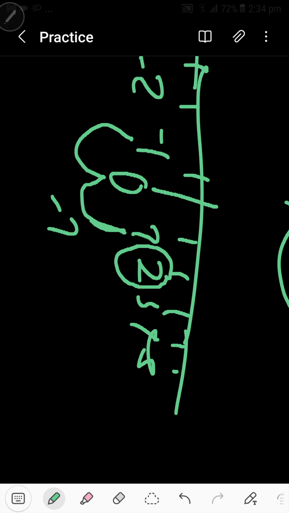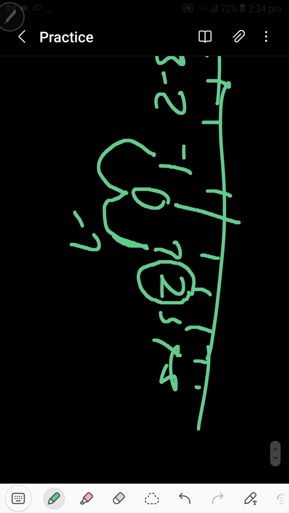At first we are at 2, then as it is 2 minus 3, we go 3 steps backward. We start at 2, 1 step backward, 2 steps backward, and 3 steps backward, and we land in minus 1.